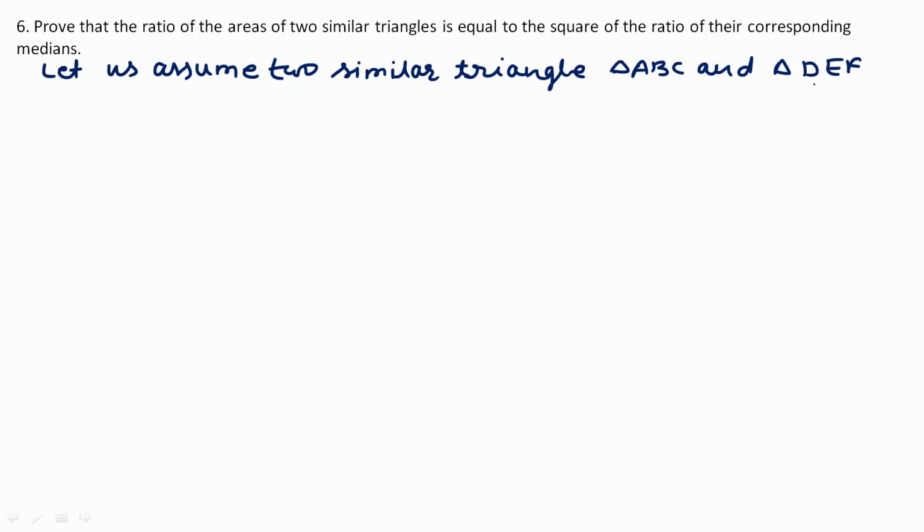You can take PQR in place of DEF, triangle PQR, and let AD and PS be the medians of these triangles.